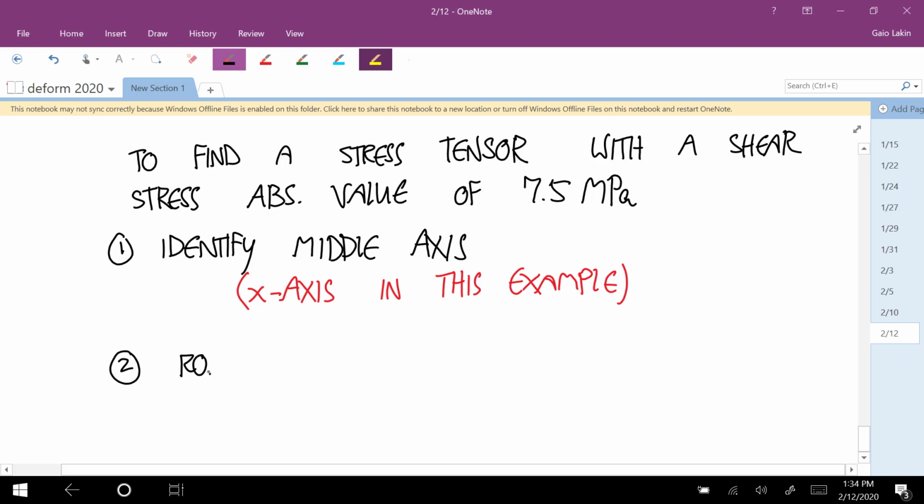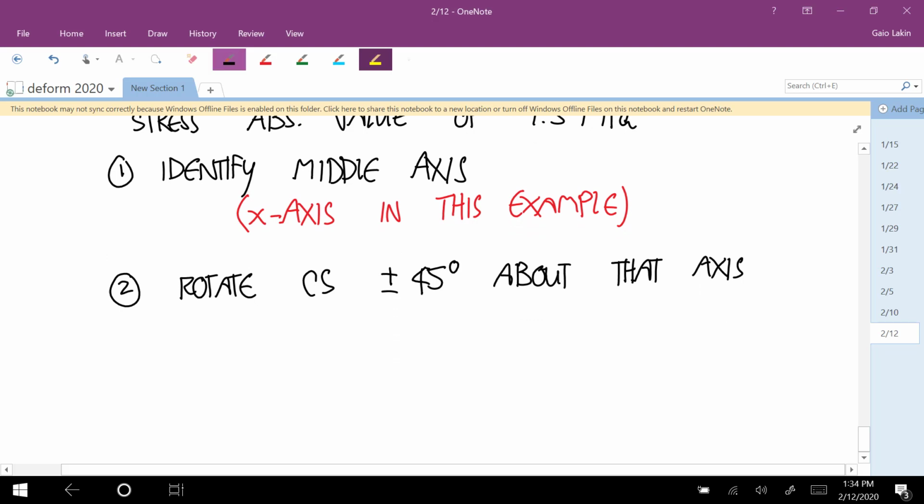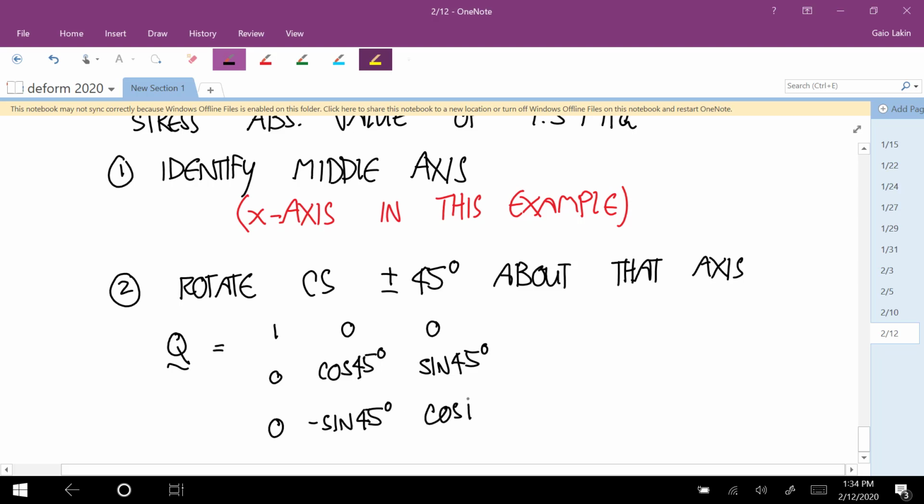And then rotate the coordinate system plus or minus 45 degrees about that axis. So if we rotate positive 45 degrees about that axis, our rotation matrix is 1, 0, 0. This is how you rotate about the x-axis. Cosine of 45, sine of 45, negative sine of 45, cosine of 45.